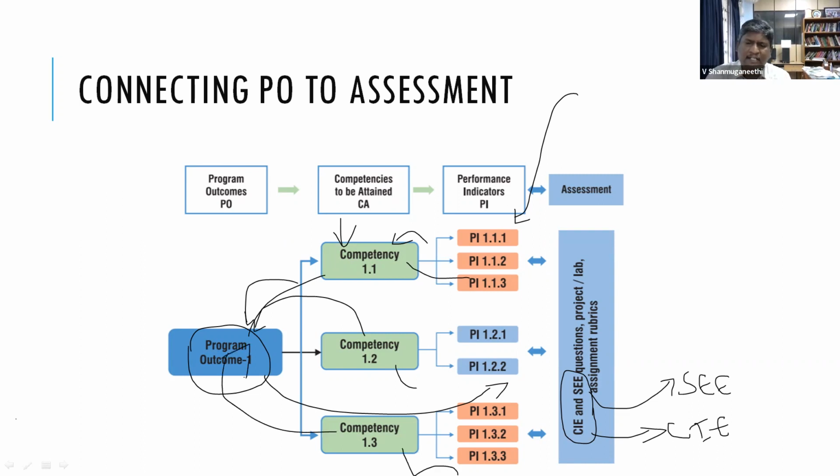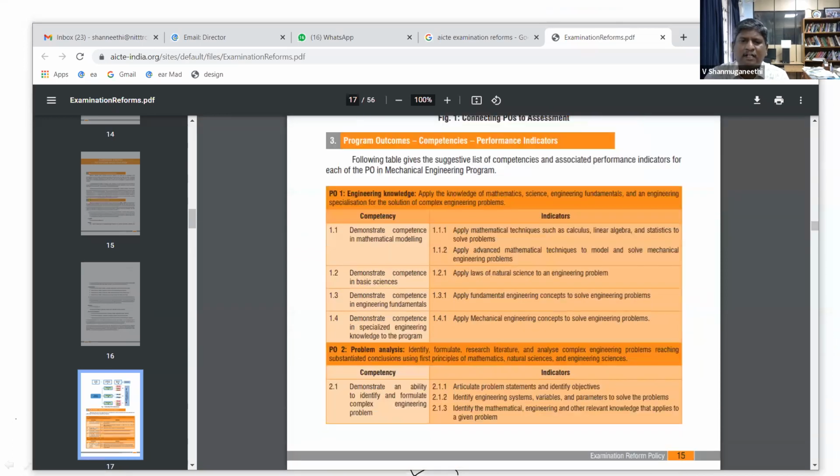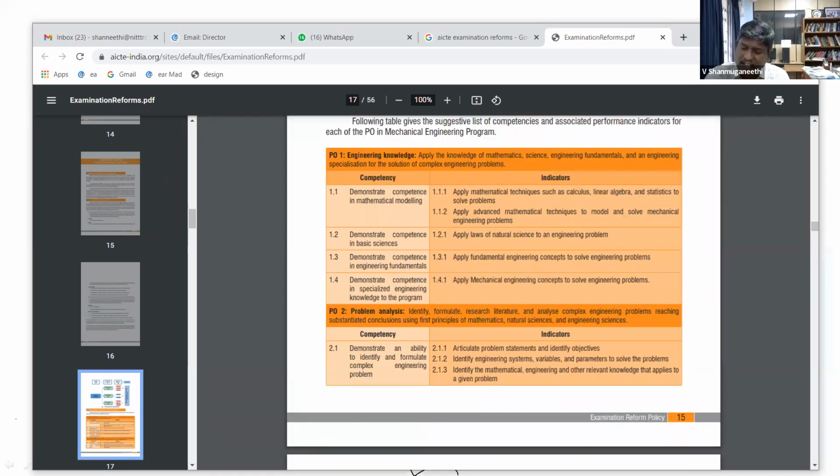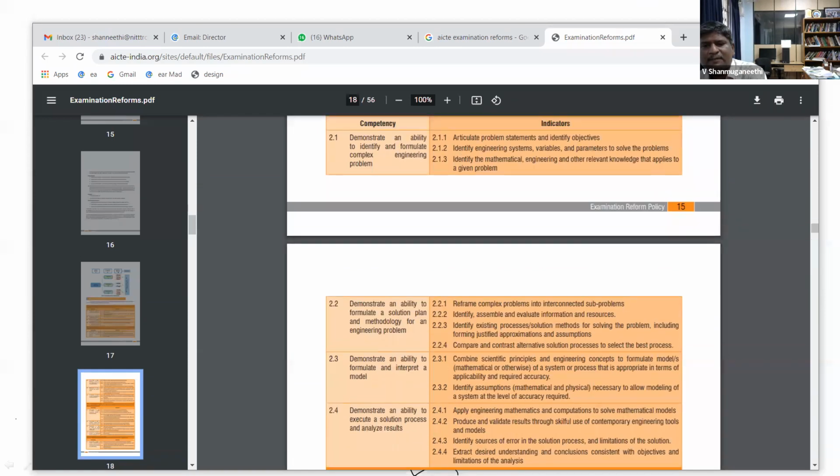In such a way they listed the performance indicators and the competencies. In the examination reforms policy, they explain each PO: PO1 engineering knowledge, then problem analysis. What are the competencies? What are the performance indicators?